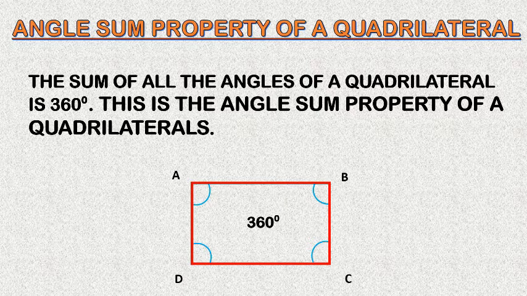If the sum of four angles is less than 360 or more than 360, then that figure is not a quadrilateral. Means if it is a quadrilateral, the sum of its interior angles should be 360 degrees only. I hope you have understood.